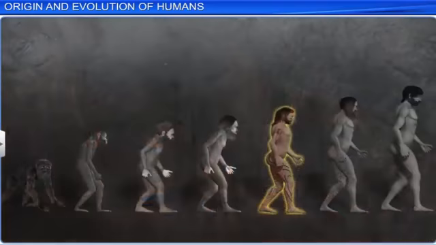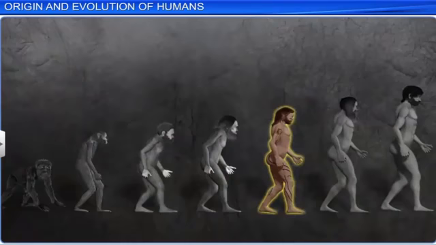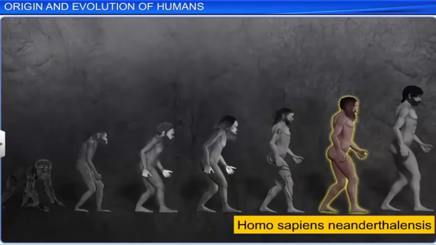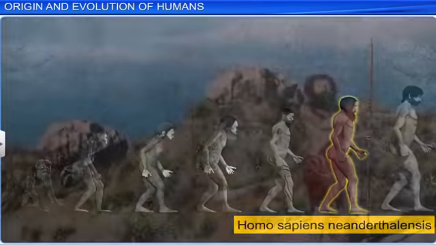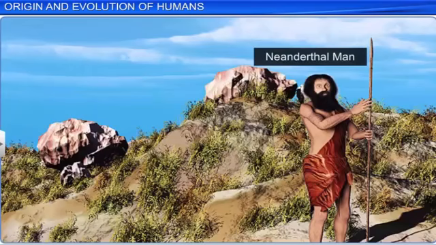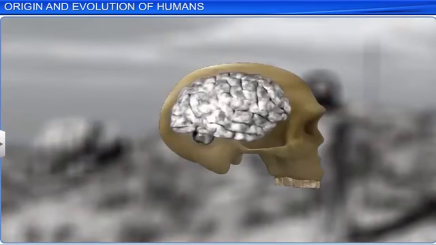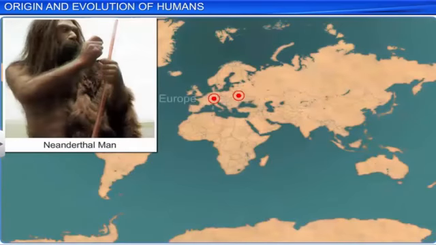After Homo erectus, there were several stages that led to the evolution of Homo sapiens. Fossil evidence suggests that between 1 lakh to 40,000 years ago, Homo sapiens neanderthalensis, or Neanderthal man, with a brain size of 1400 cubic centimeters, lived in Europe, Northern Africa, and Eastern and Central Asia.